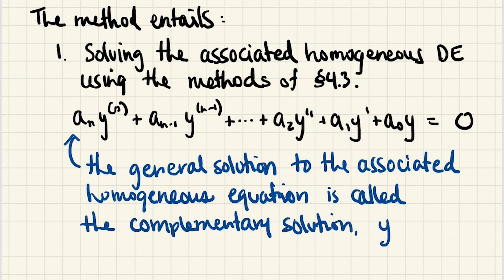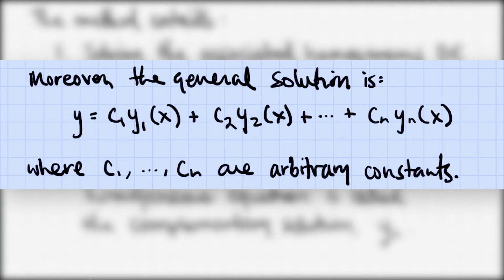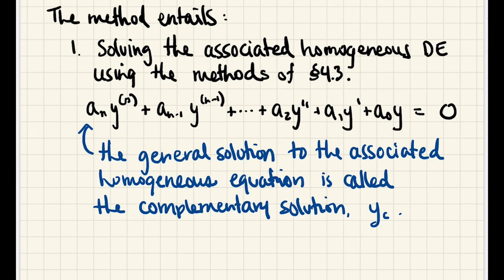And it'll be denoted y with a subscript c for complementary. And of course, this complementary solution will look just like the solutions from the last section. So a linear combination of linearly independent fundamental solutions. So a constant times a fundamental solution plus a constant times a fundamental solution, etc. Okay, so that gets us that far.